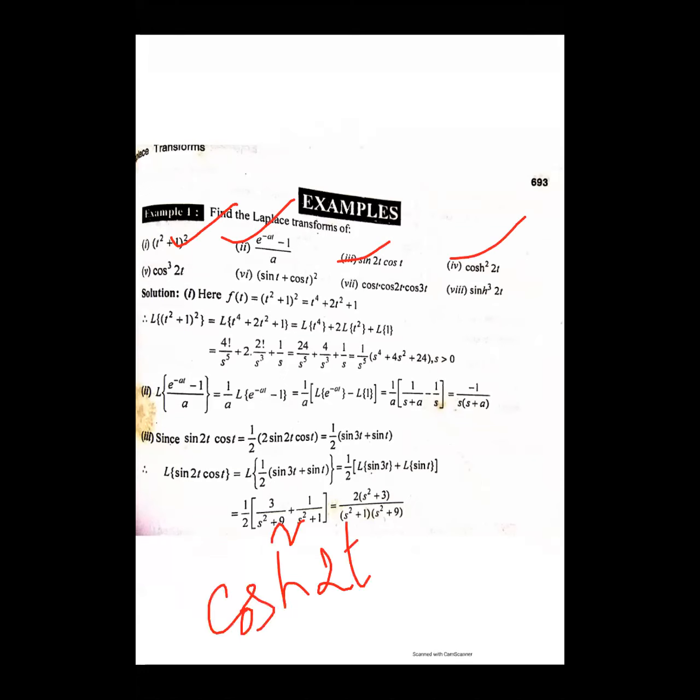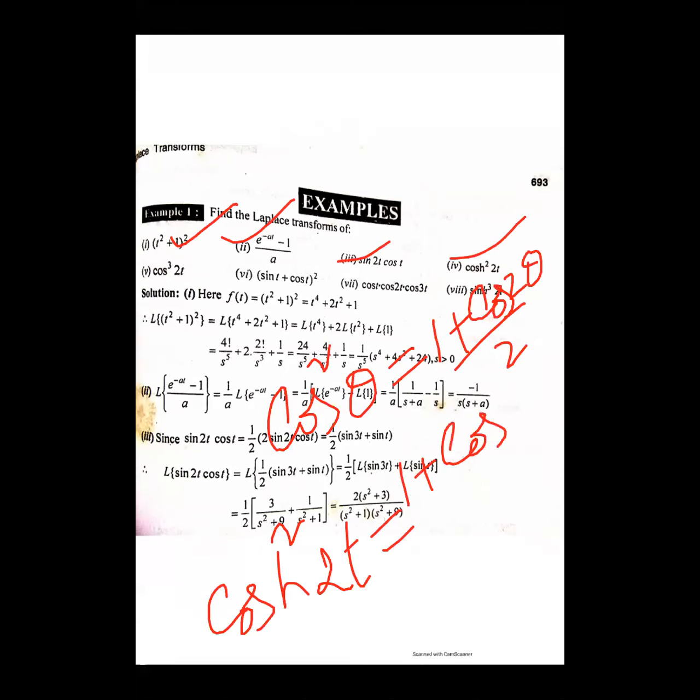So we know that cos square theta equals (1 plus cos 2 theta) by 2. So cosh square 2t is written as (1 plus cosh 2 into 2t) by 2. So it is finally (1 plus cosh 4t) by 2.